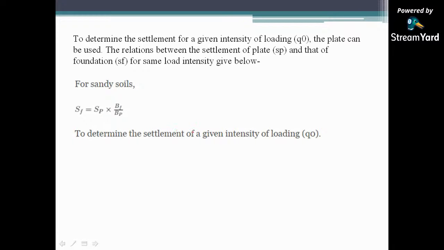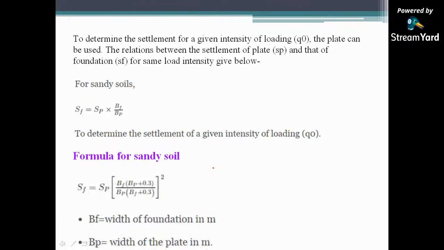To determine the settlement for the given intensity of loading Qo, the formula for sandy soil, this is an important formula for solving the numerical: Sf equals Sp into [Bf (Bp + 0.3) upon Bp (Bf + 0.3)] whole squared. Bf is the width of the foundation in meter and Bp is the width of the plate in meter. 0.3 is in meters, the minimum dimension being 30 centimeters square.